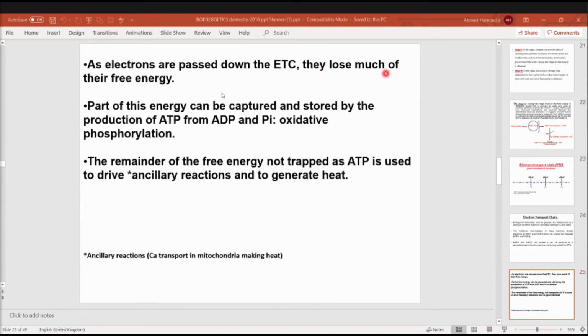They lose much of their free energy. Part of this energy can be captured and stored by the production of ATP from ADP and Pi. This is what we call oxidative phosphorylation.